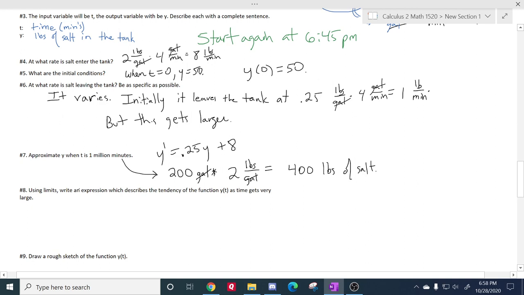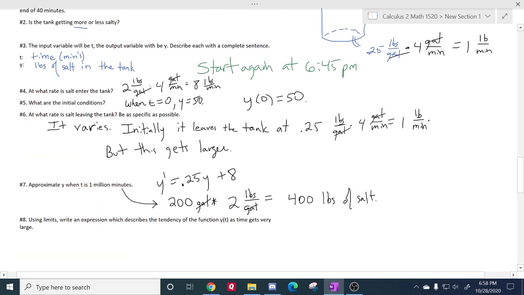All right. Then, number 8, using limits. Write an expression which describes the tendency of the function y of t as time gets very large. So I'm going to give you a minute with that.